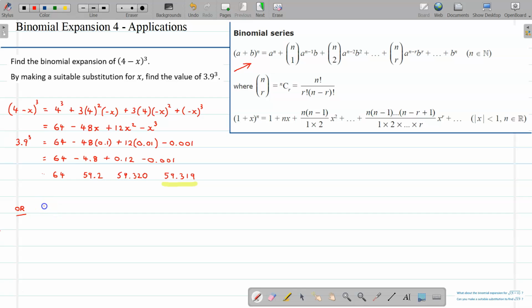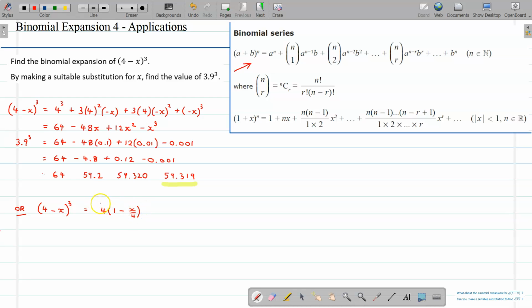I'm going to say that 4 minus x cubed can be written as 4 lots of 1 minus x over 4.